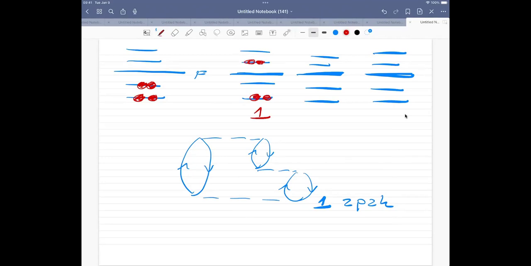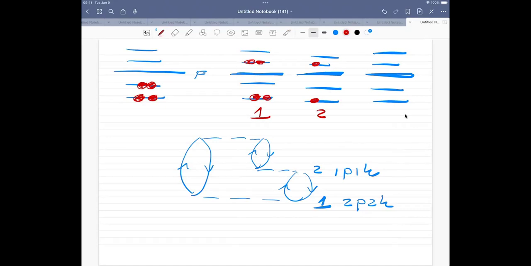Then we have the next stage, which we call 2 here, which is a 1-particle, 1-hole excitation. So one of these guys stays where it is. If we look at this stage 2 here, we could think of these 2 guys here just being left unchanged. So we could mark them like this. So they are unchanged.